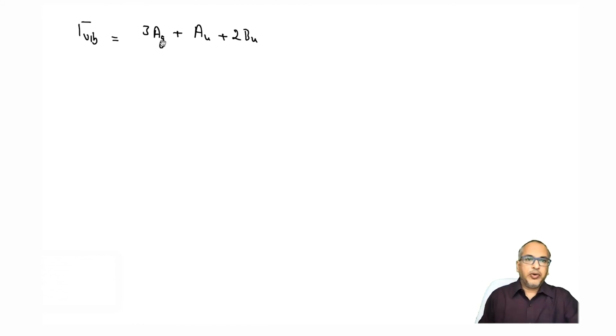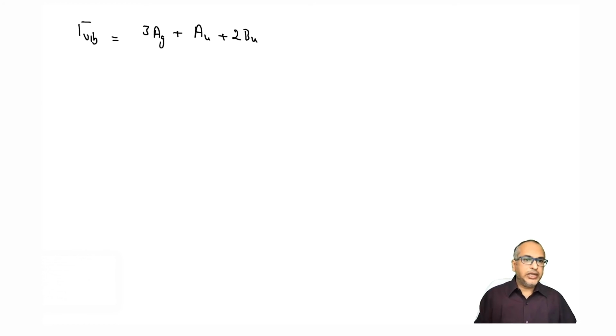Okay. Now Ag, what is the symmetry of Ag? So let us quickly look at the character table of C2h. We are not even setting up the integration, I'm just opening a book and looking at the character table of C2h.